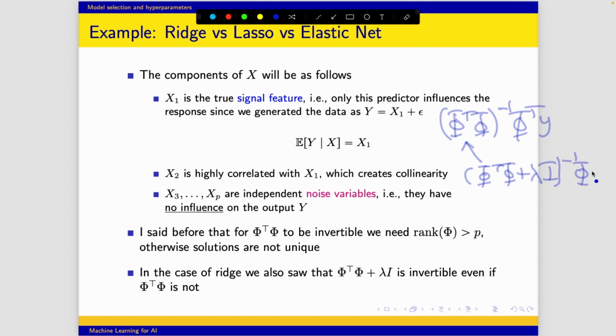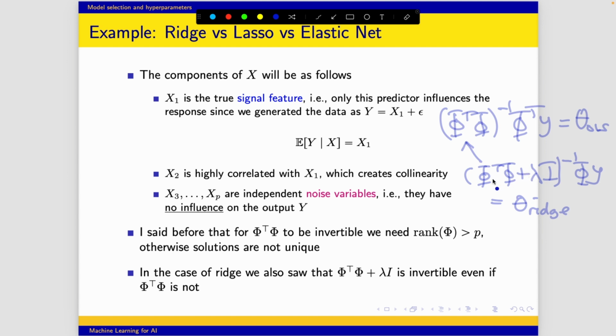So this is our ridge solution, theta ridge, and this is our OLS or linear regression solution. And this is always positive definite. It's always invertible. So we don't have a problem.